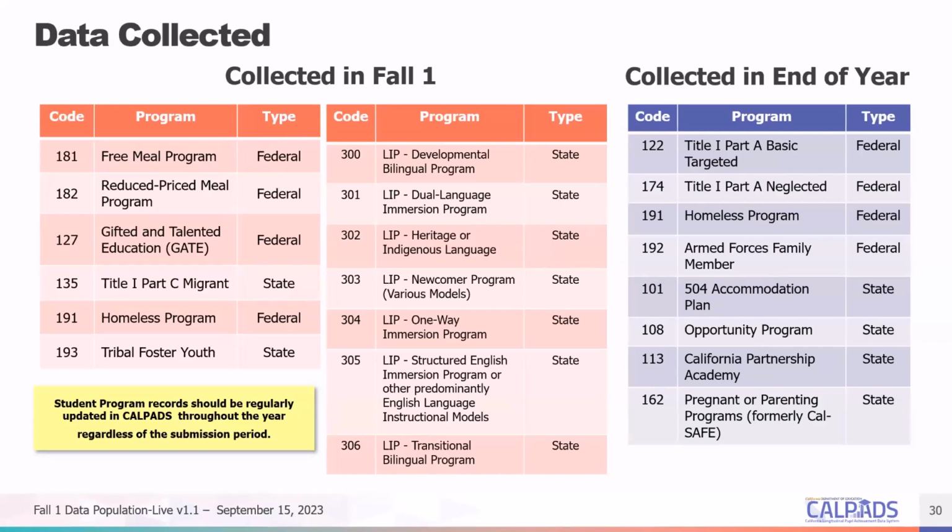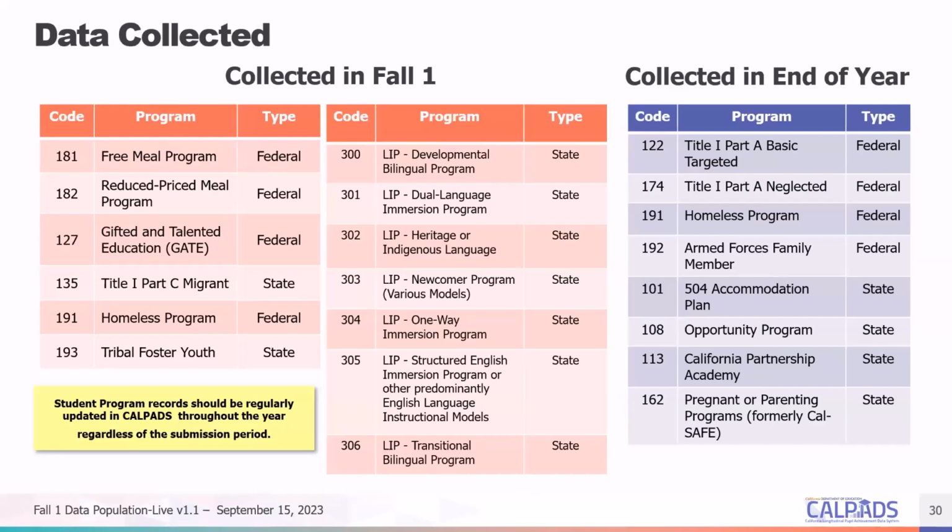However, if you do this ongoing maintenance of program records, not all program records will show up on your Fall 1 reports. The orange table on the left-hand side of this slide contains the SPRG records that are formally collected in Fall 1 and will thus show up on your Fall 1 reports.